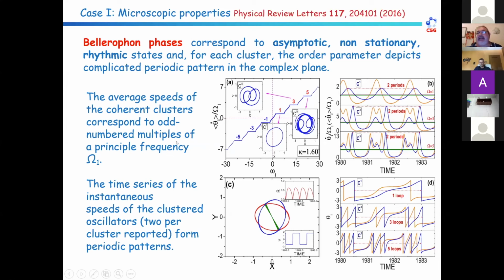Now you can say this is, however, occurring in a very specific system in which you prepare the system very well to have a tricritical point, because we have one transition point and another transition point. So you are at a tricritical point. But in fact, you can prove that this is very, very general.